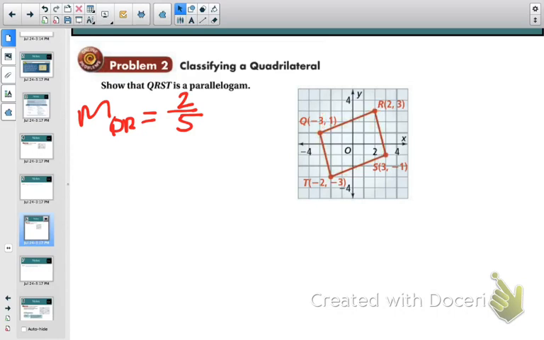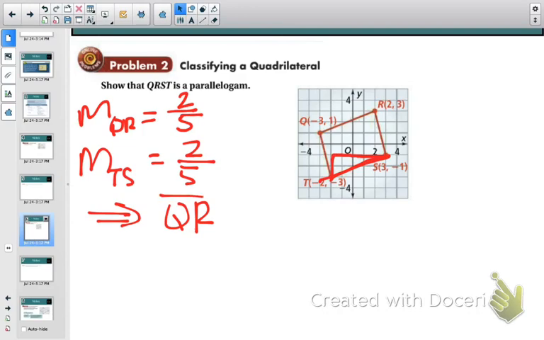And then I can do my slope of TS. So my slope M of TS, I rise 2, run 1, 2, 3, 4, 5. Okay, so those are the same. So then we know that QR is parallel, that's the symbol for parallel, to TS.